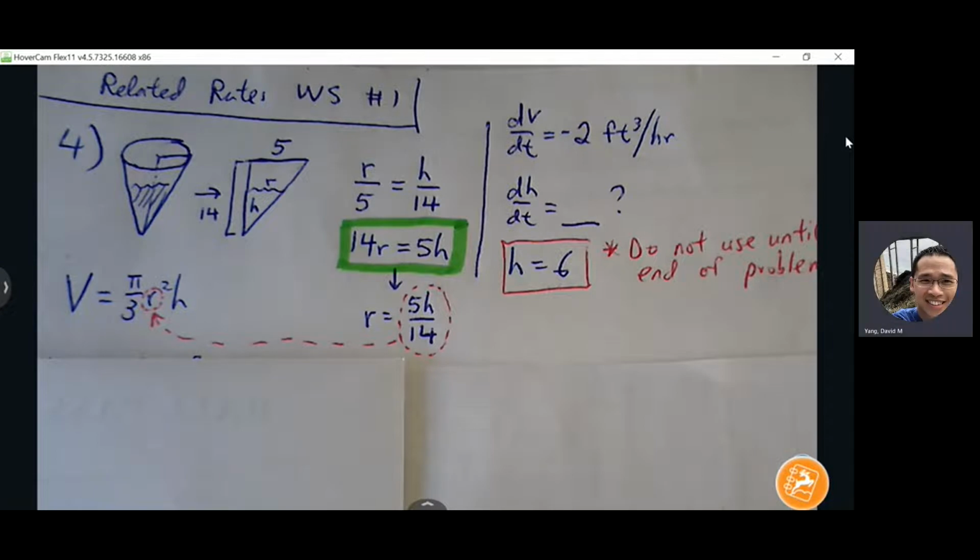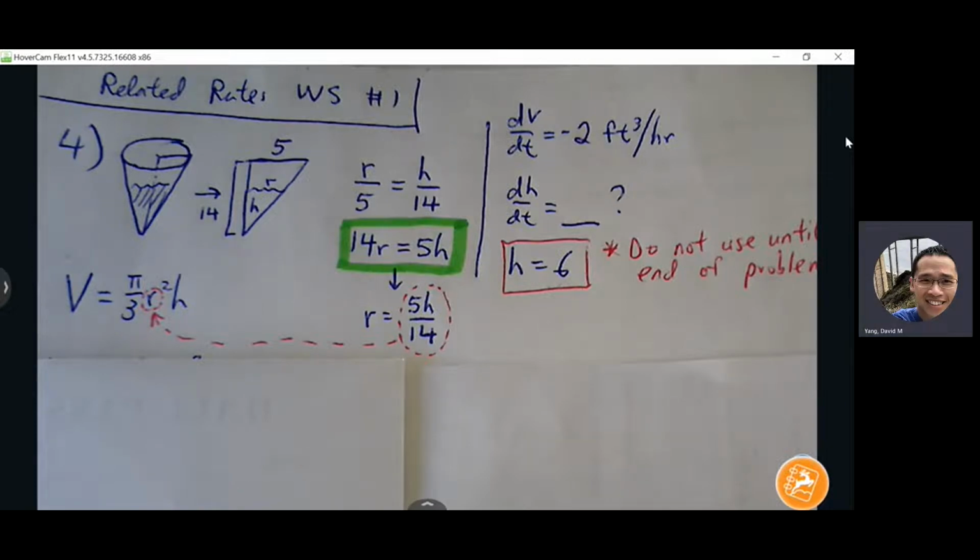Want to find a way to remove R. So a way to do that is I can use my equation proportion that I built from similar triangles. If I solve for R, I'm then able to find a replacement for R. And my replacement for R is clearly in terms of H, which is what I want.